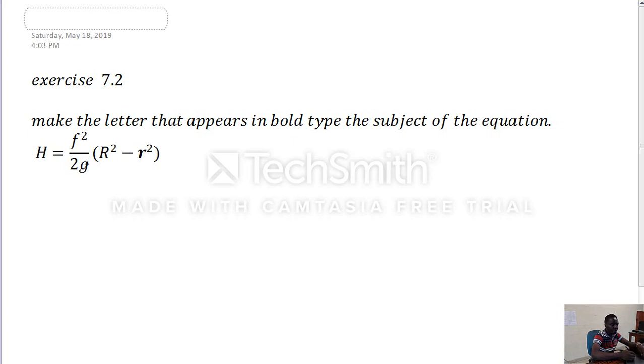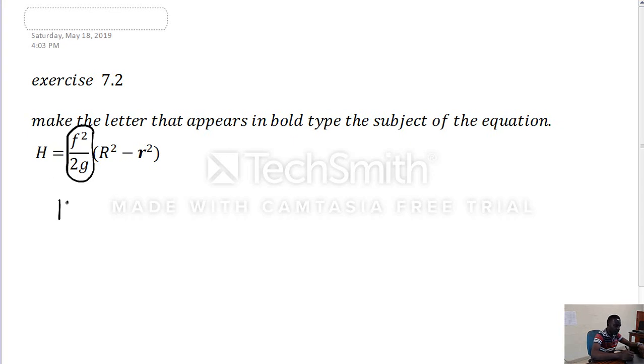So in order for us to do that, we will first and foremost get rid of this term, and since it is being multiplied by what we have in the bracket, I'm going to divide both sides by this fraction, or I will multiply both sides by the inverse or the reciprocal of this fraction.